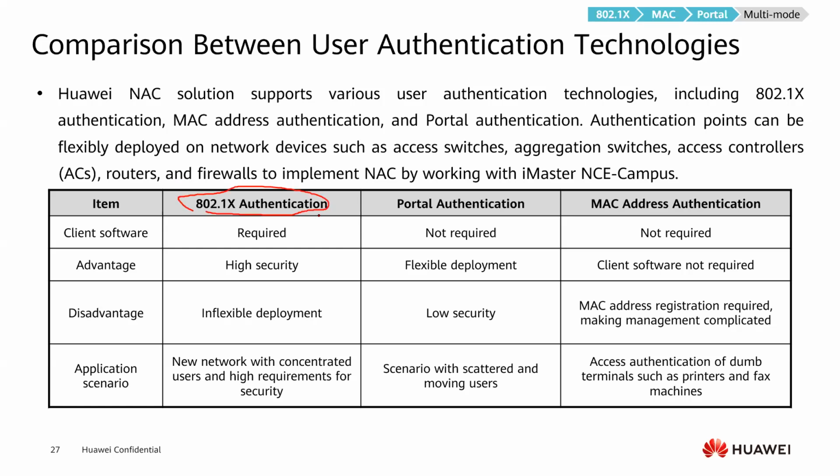For dumb terminals that cannot use any client software to enter a username and password themselves, we will use the MAC address as identification information, so in this scenario we can use MAC address authentication. And for guests, a scenario with moving users, we suggest you use portal authentication.